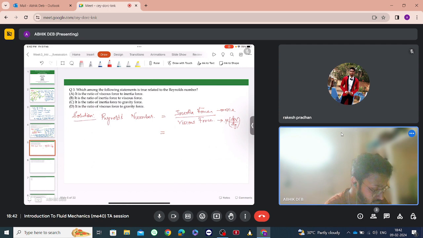This is the viscous stress, and then we multiply it with the area to get the viscous force.